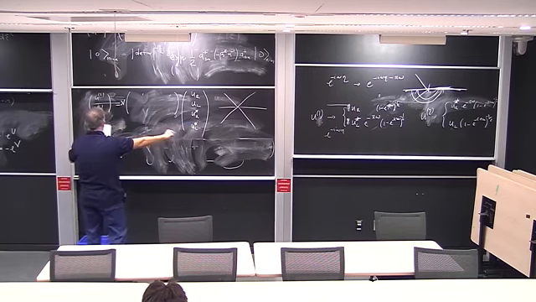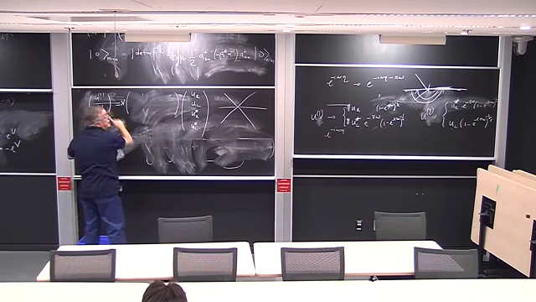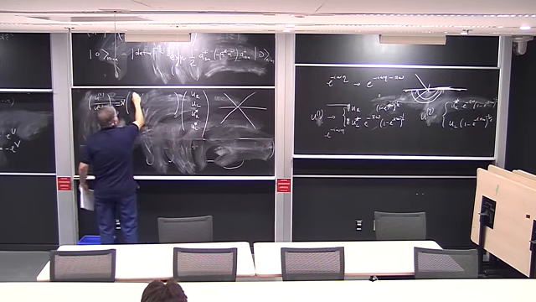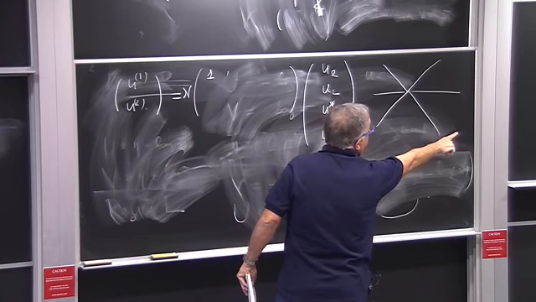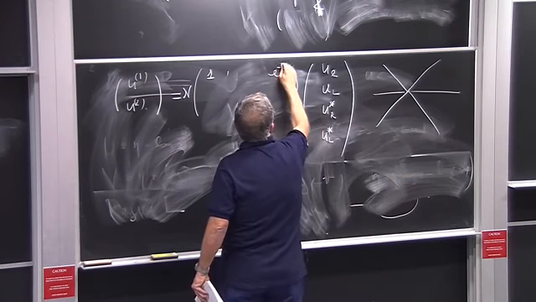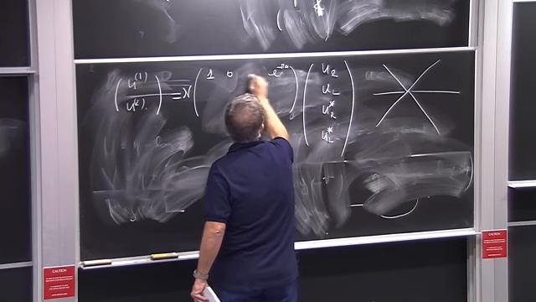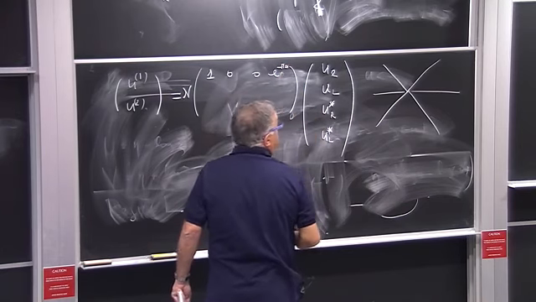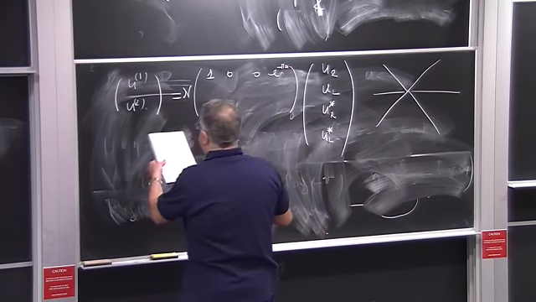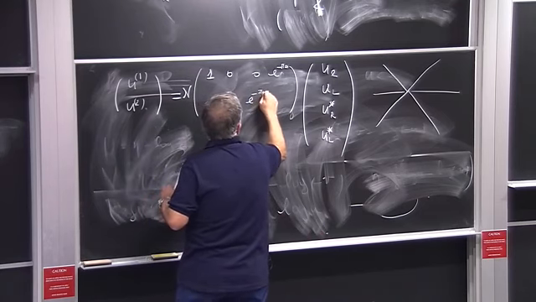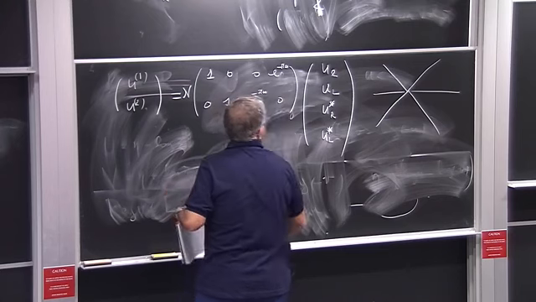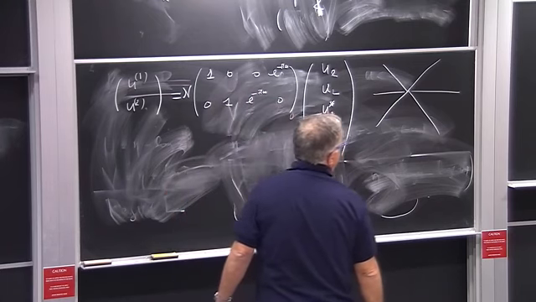And then U1 is 1 here, and U star left, e to the minus p omega here, 0, 0. And U2 is 1 here, e to the minus p omega here, 0, 0.